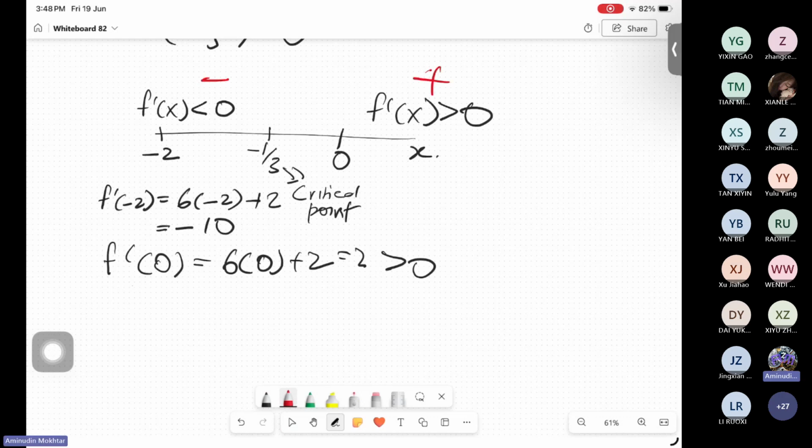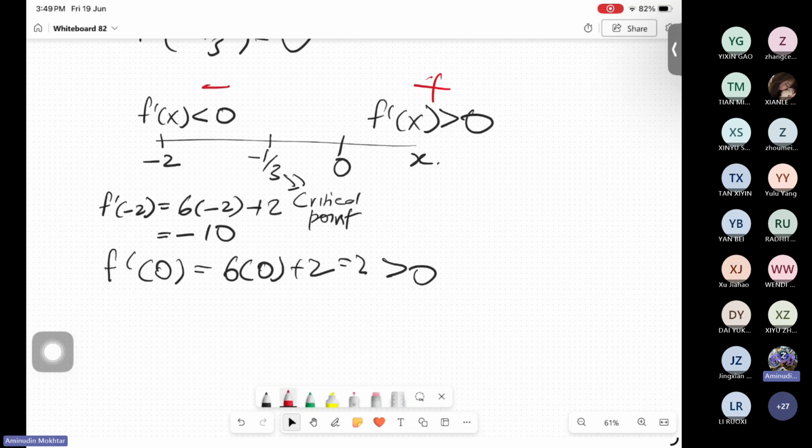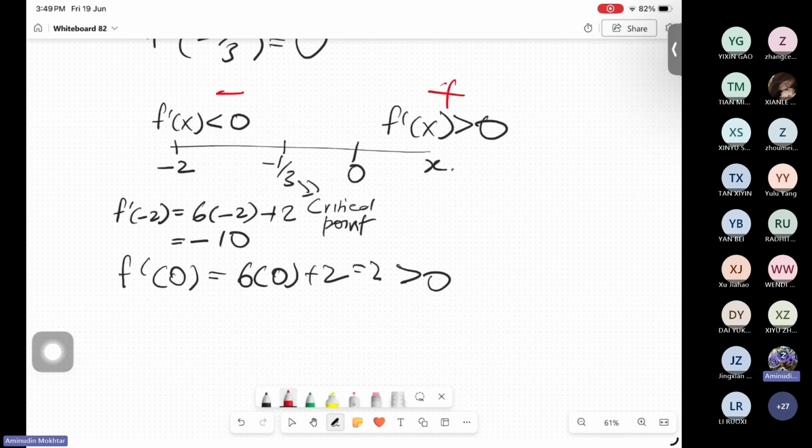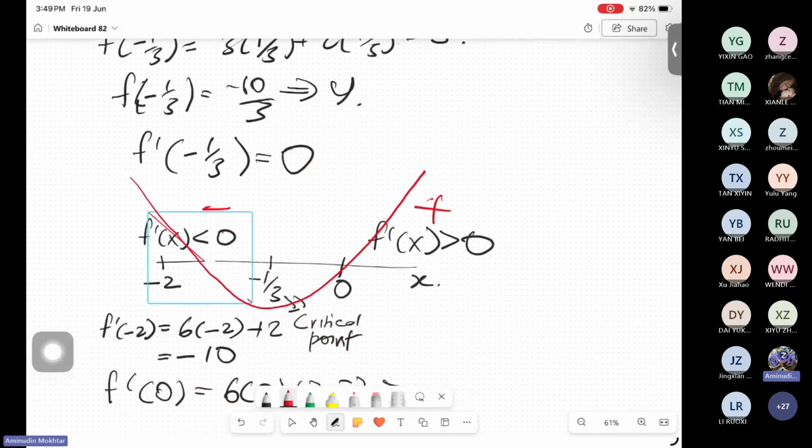In other words, this shows that the function is decreasing before negative 1 over 3 and increasing after negative 1 over 3. Before the critical point, the function is decreasing. After the critical point, the function is increasing. So the critical point is x equals negative 1 over 3 and y equals negative 10 over 3.